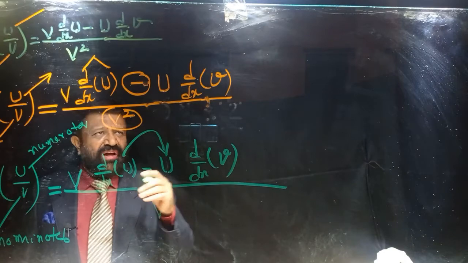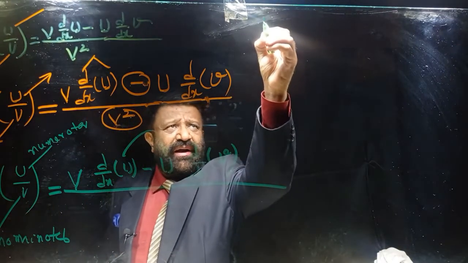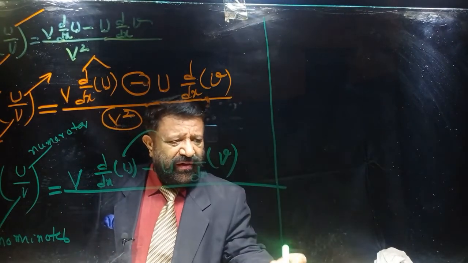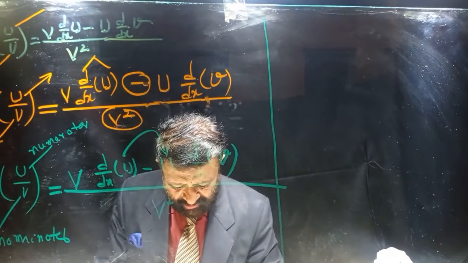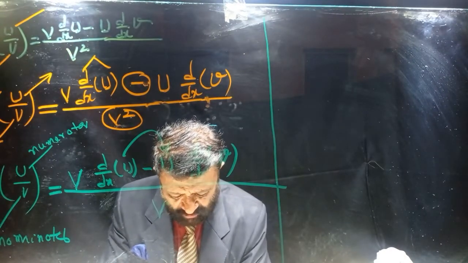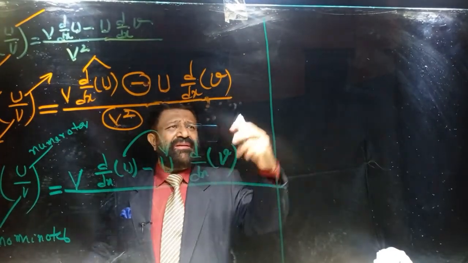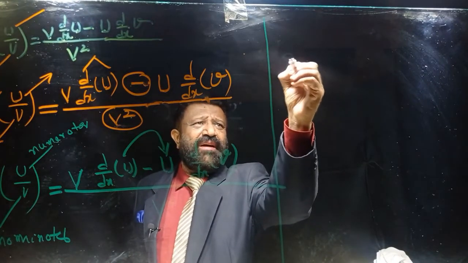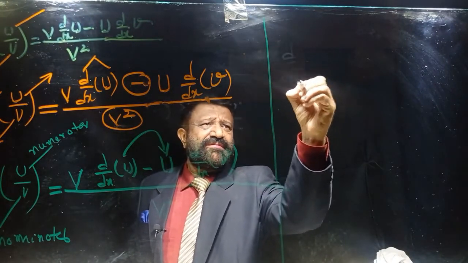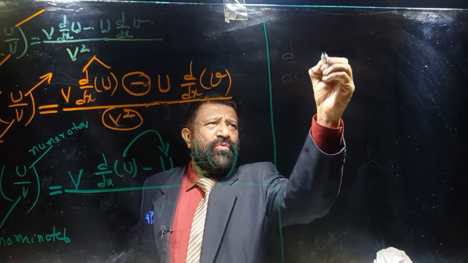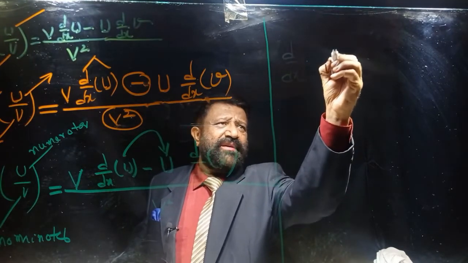Now I will write once again, for the last time, so that you get the clear concept of the subject: the derivative of u divided by v.